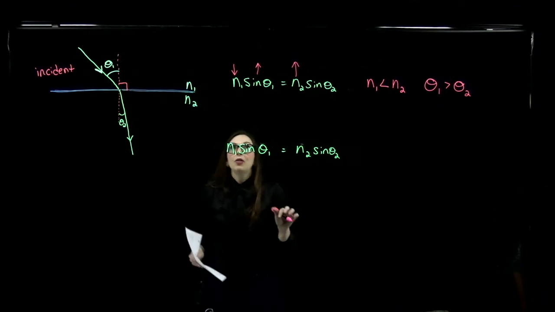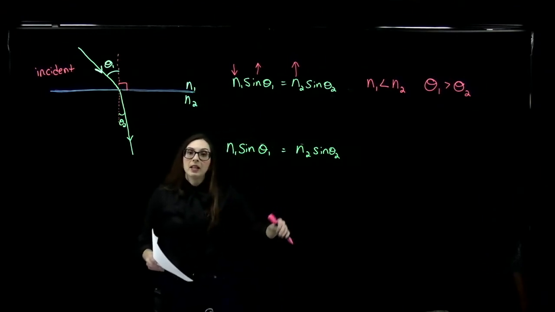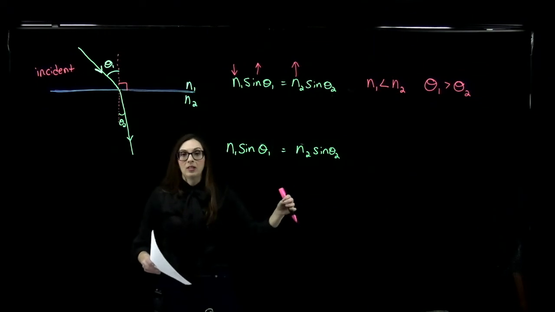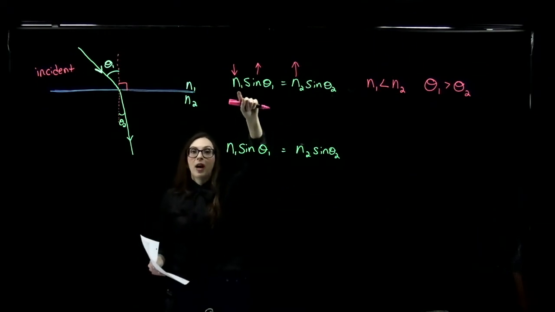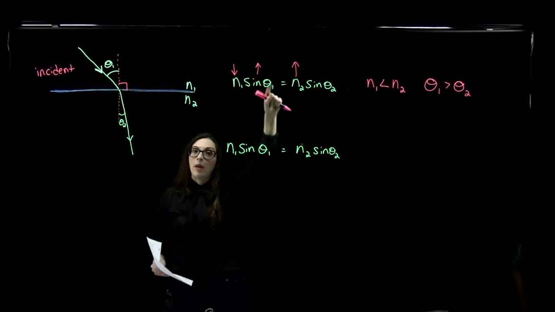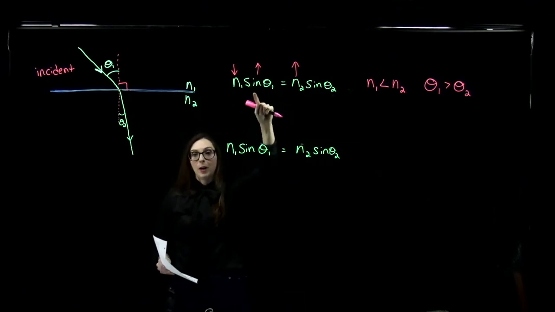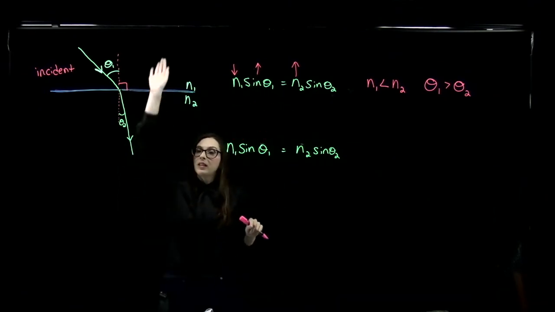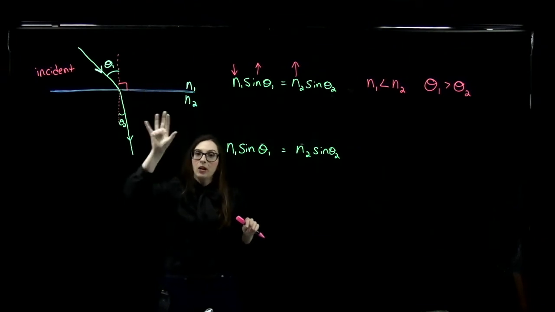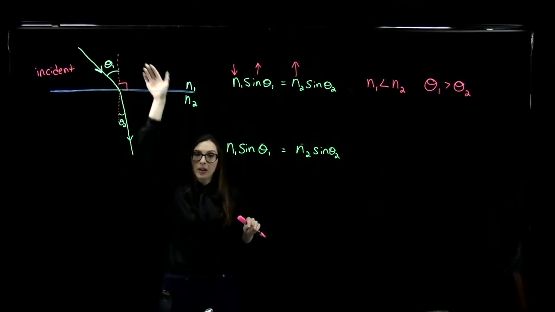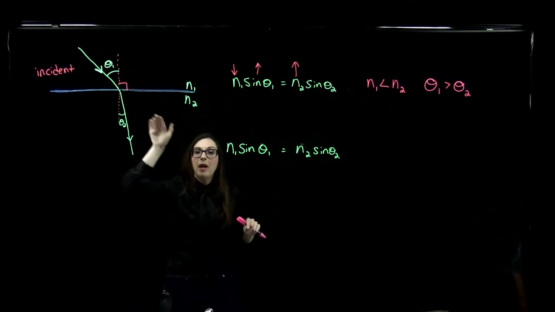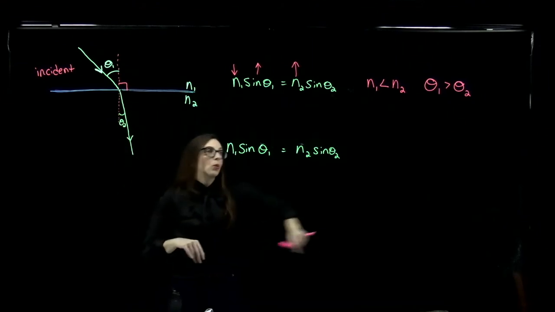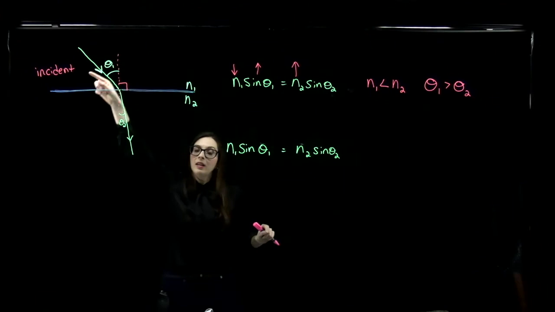And for all angles between 0 and 90, as the angle theta increases, sine theta increases. So if the index of refraction n1 is smaller, my angle theta has to be bigger. So in this case, if let's say this is air, this is water, index of refraction is smaller here, bigger here, my refracted angle is going to be smaller than my incident angle.